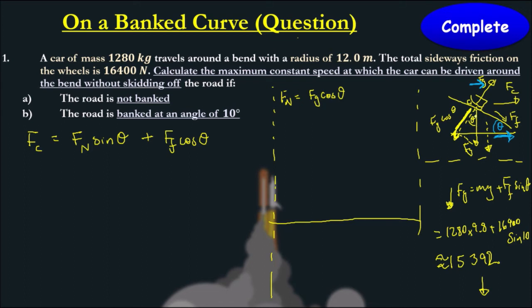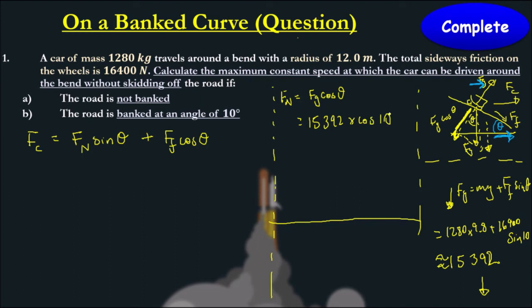And now that we know the total force coming down, we can now consider the component of that downwards force. So it will be 15,392 cos 10.